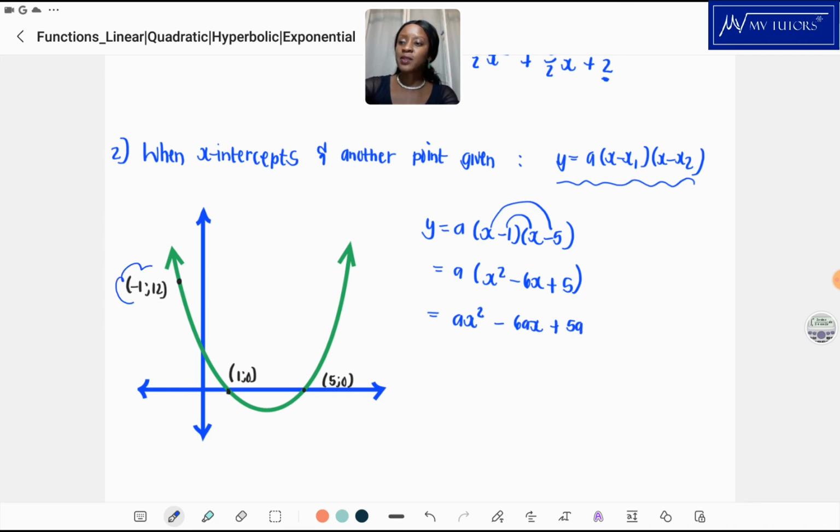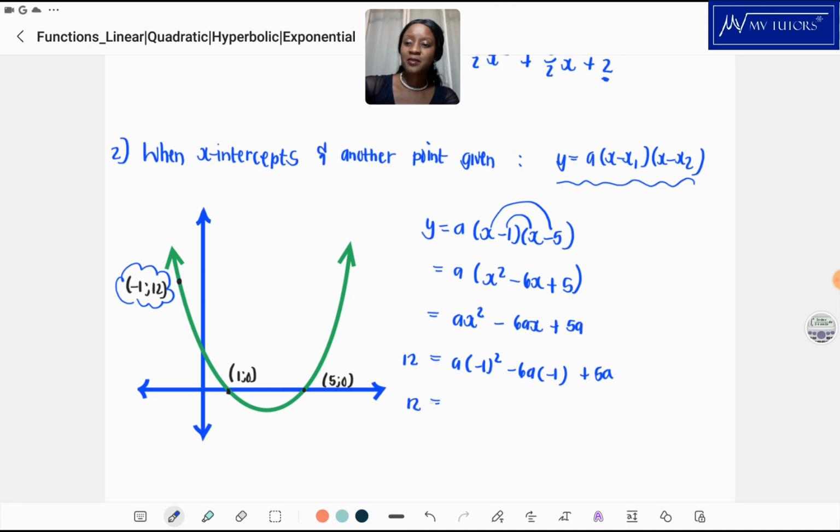So the point that was given there is minus 1 and 12. So in the place of y, I'm going to put 12, and in the place of x, I'm just going to put minus 1. So I have a times minus 1 squared minus 6a times minus 1 plus 5a, and then I'm just going to multiply everything out and then solve for a.